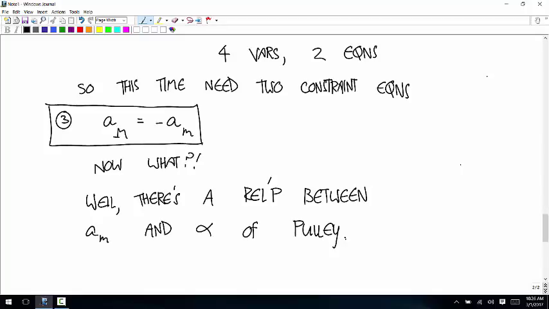That was true in the massless case too, we just didn't need it.